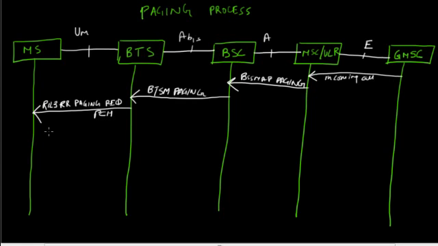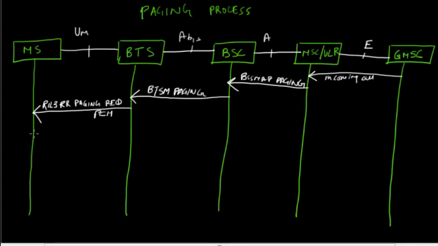Now the mobile which is sitting here listens to that paging channel and compares the IMSI or TMSI. It wants to respond back, but doesn't know how to respond because it does not have a channel to respond on.